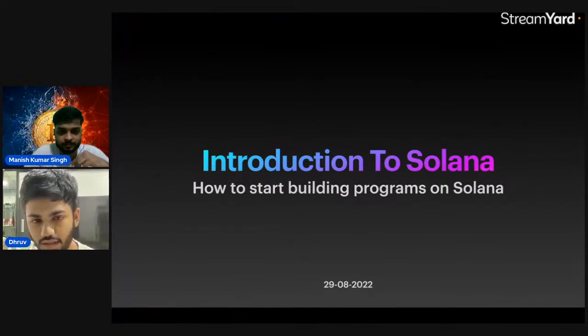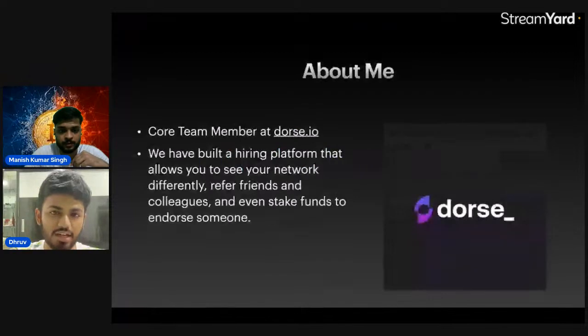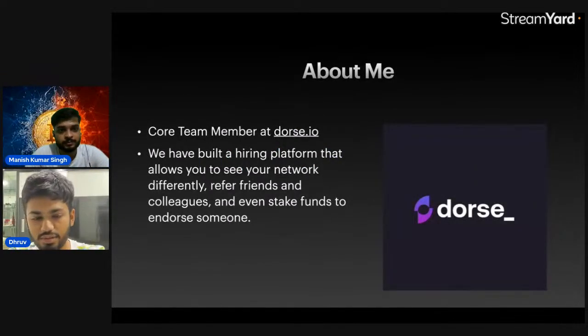Before starting, let me tell you about myself. I am a final year student studying engineering. I'm currently working on a hiring platform called Dorsey. In this you can endorse people, and you can refer people who have the caliber and need to get a job.